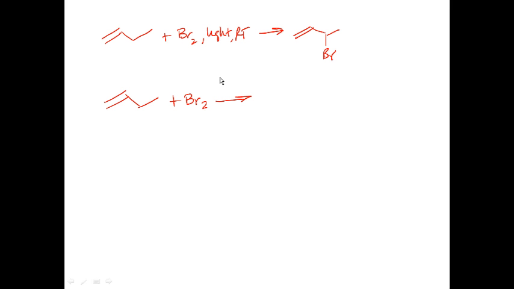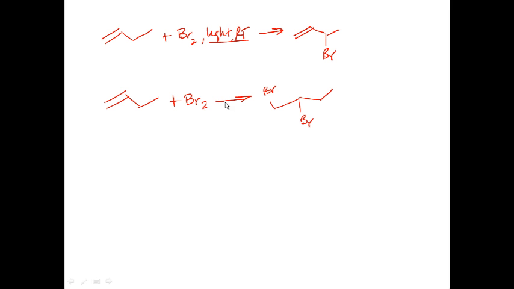What would you have written the product to be, particularly back in chapter 8? If you said, well, I would have added the bromines trans to form 1,2-dibromobutane in this case, you'd be right.